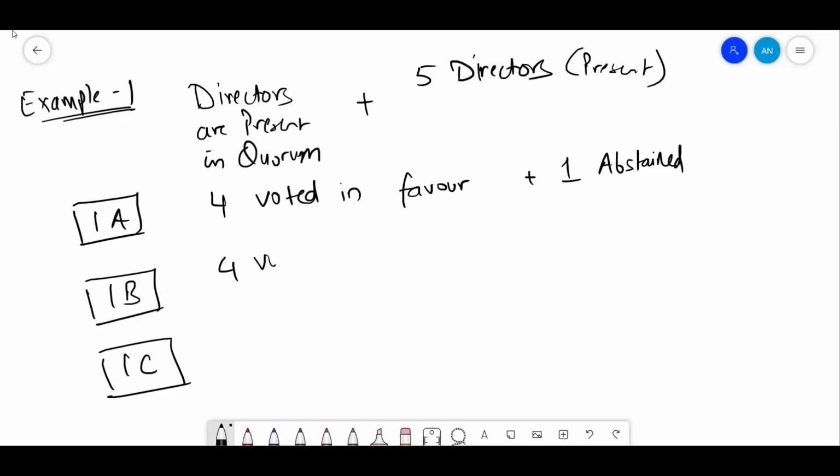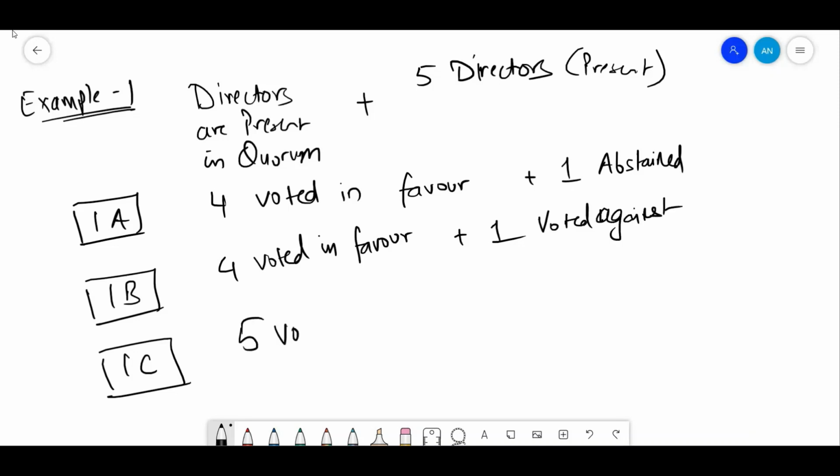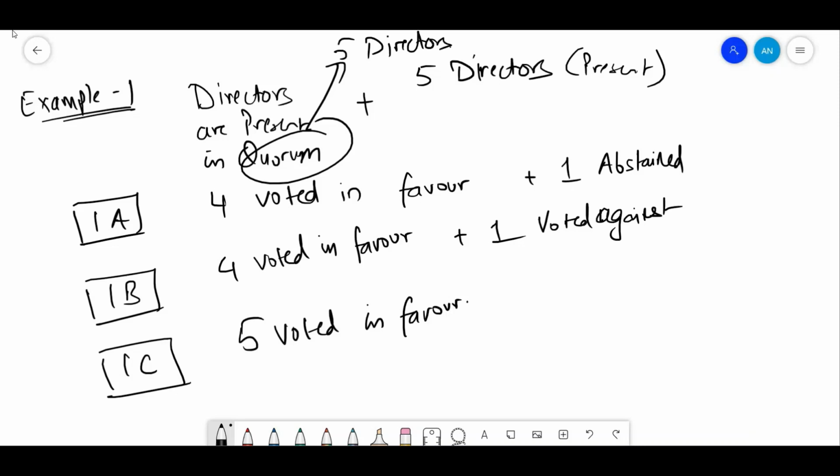Here 4 voted in favor plus 1 voted against. 5 voted in favor. Quorum was 5 directors, and all the 5 directors are present. That is, quorum is made. First condition is passed, and 4 voted in favor.